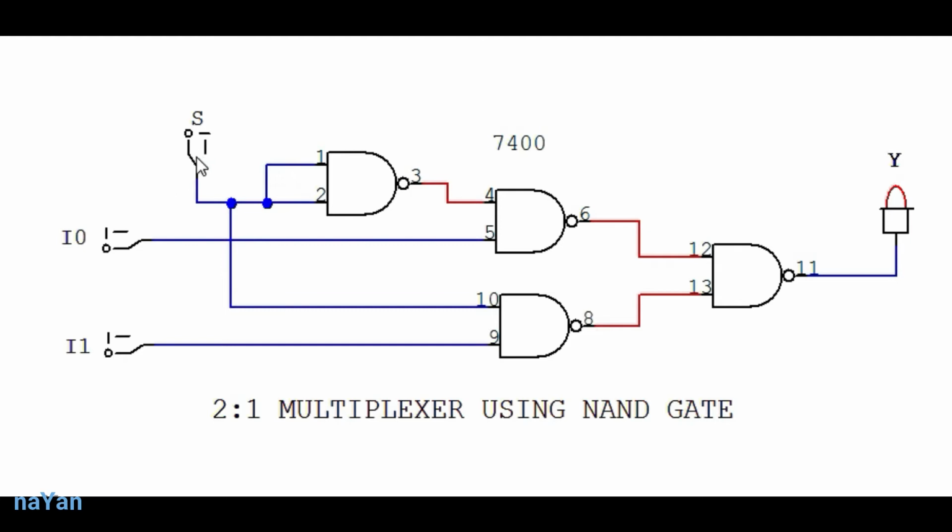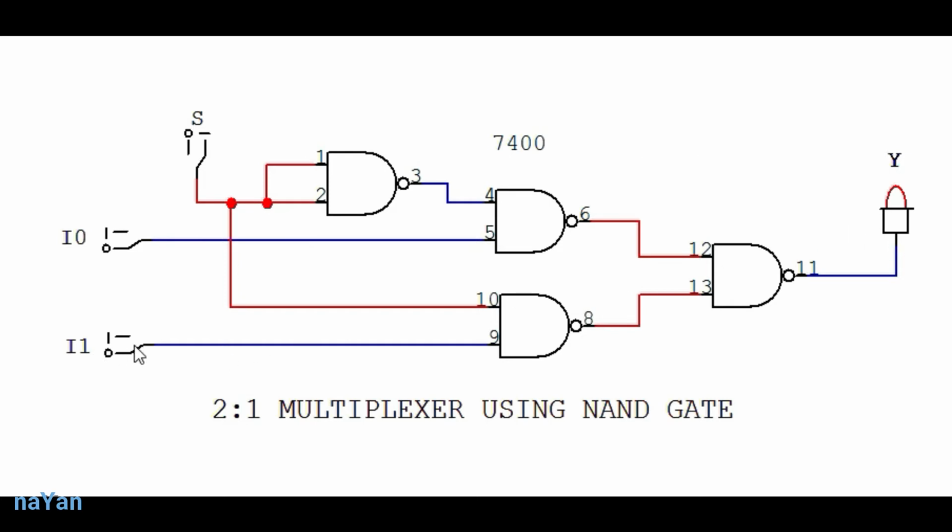Now when we select I1 line, or when S equal to 1, then I1 line is selected. Now the output we get is the value of I1. So when I1 is 0, we get 0 at output.